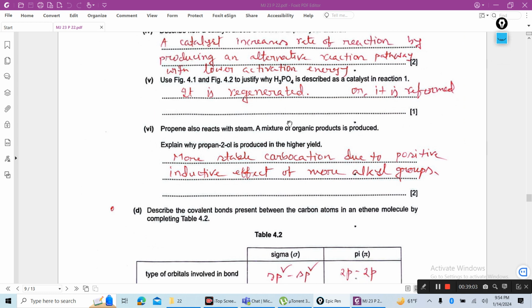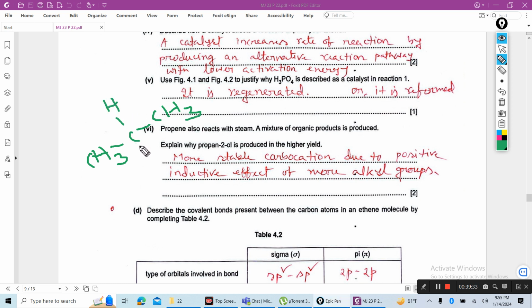I mean, propan-1-ol, CH3, H, this positive carbon.